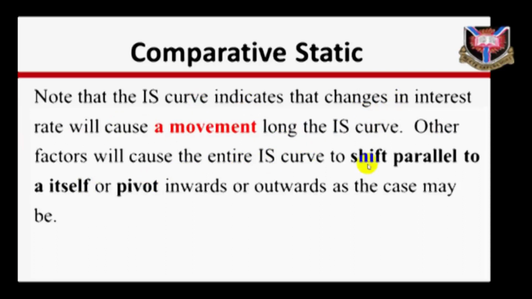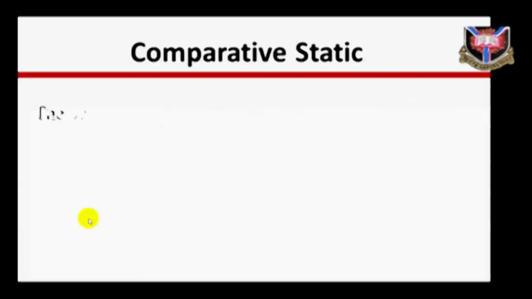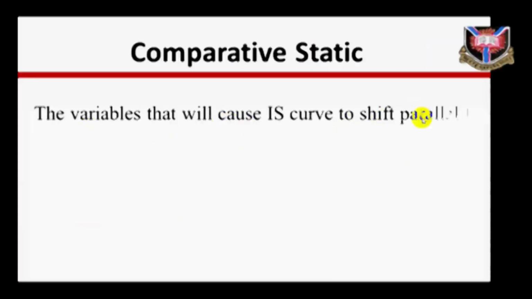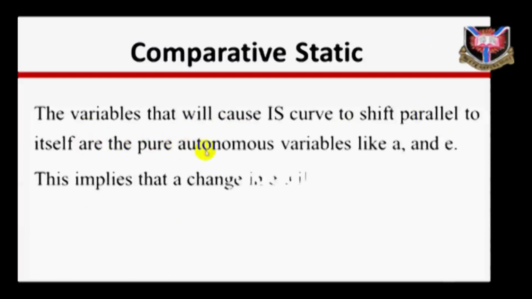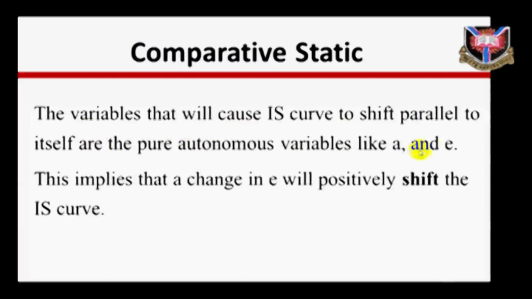Other factors will cause the entire IS curve to shift parallel to itself or pivot inwards or outward, as the case may be. The variables that will cause the IS curve to shift parallel to itself are the pure autonomous variables like A and E. The variables that will cause the IS curve to pivot are H and B.